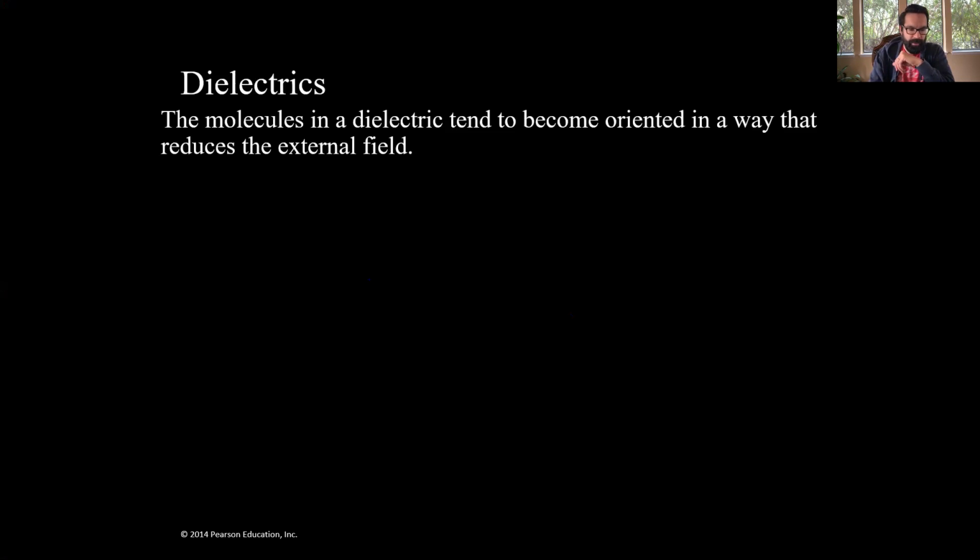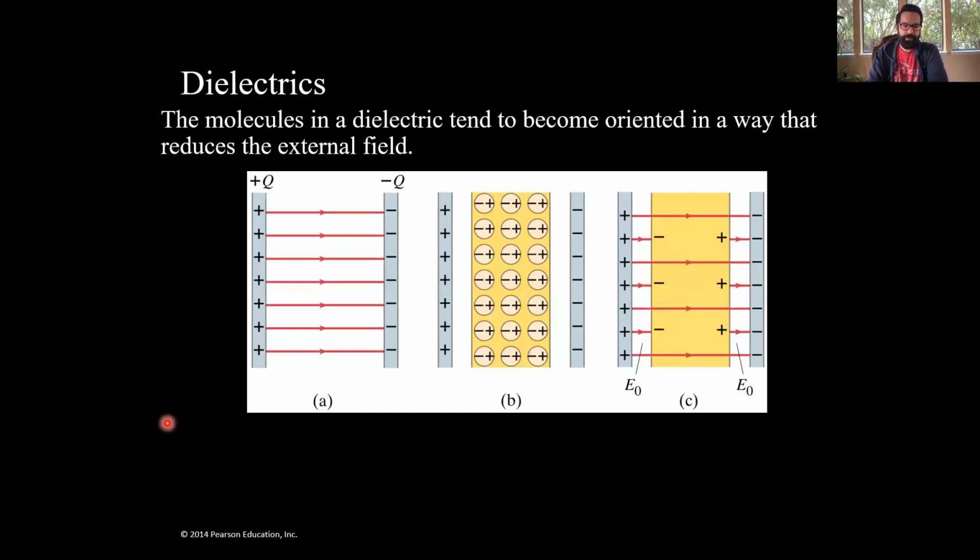I like drawing them out better than using my slides, but it's a good recap. So in my slides, this is what I pretty much just described. You have an empty capacitor with a certain charge in it.